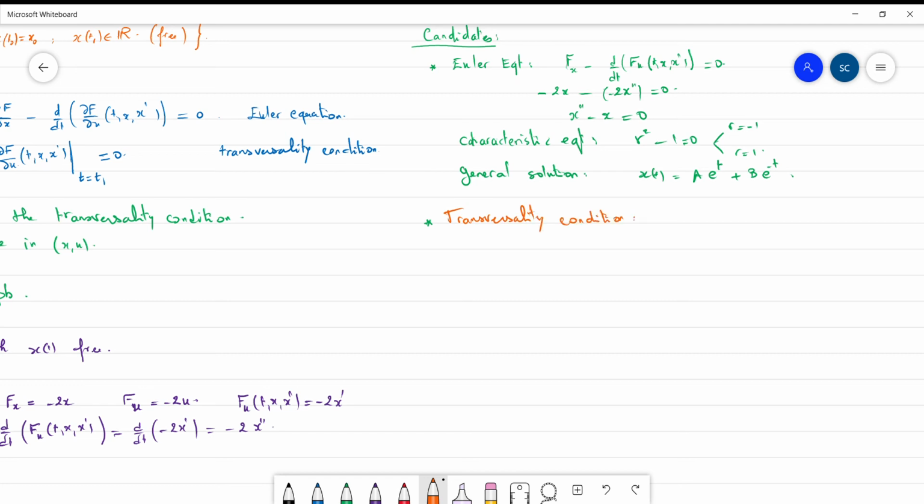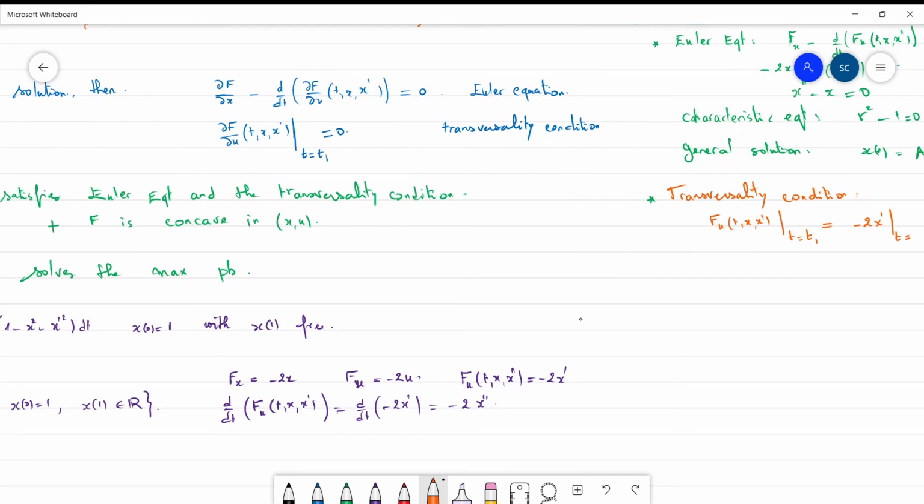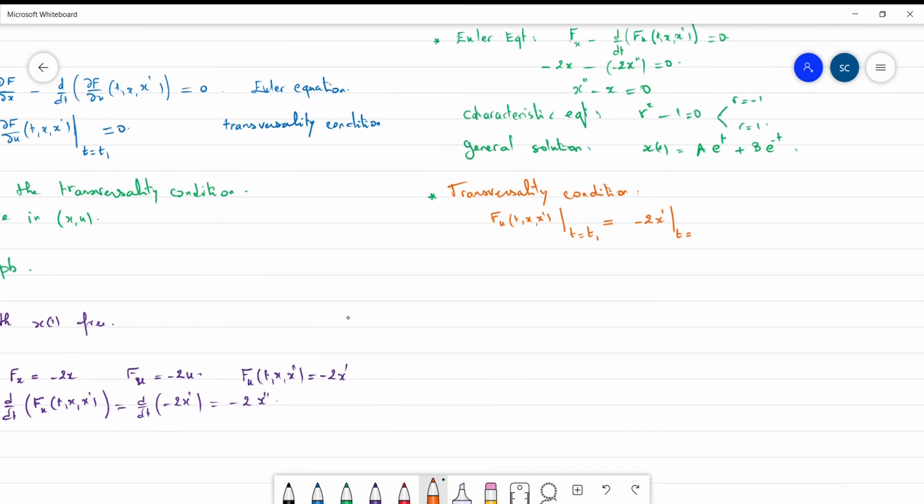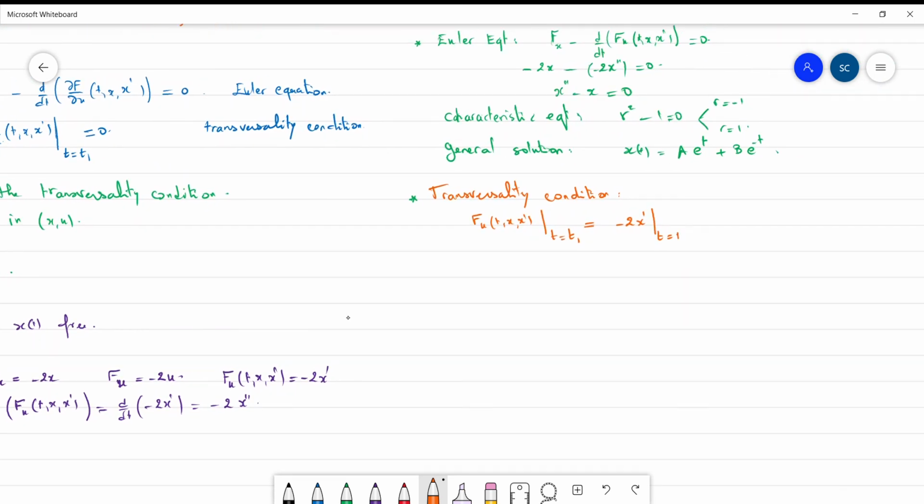It says the derivative fu at t, x' applied at t equal t1 must be 0. So fu, we found, is minus 2x' at t equal t1, which here is 1. We are looking in the interval 0, 1, and at t equal 1 it must be equal to 0. So that is x'(1) equals 0.